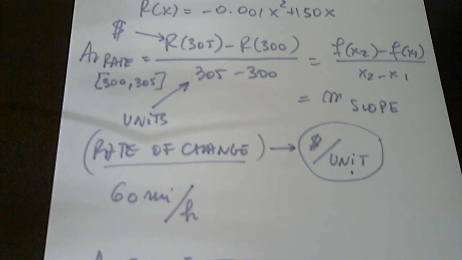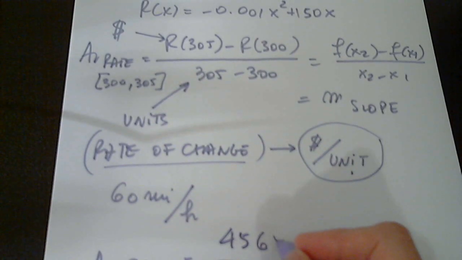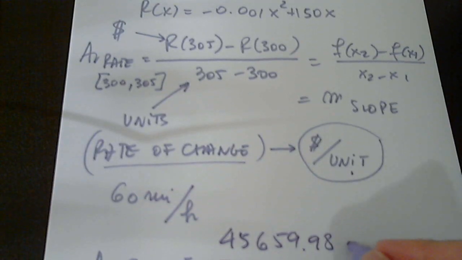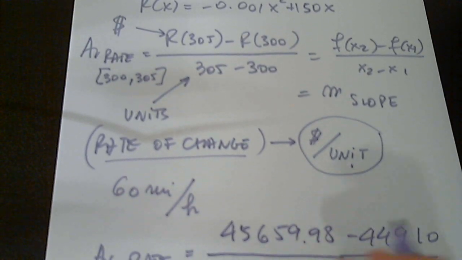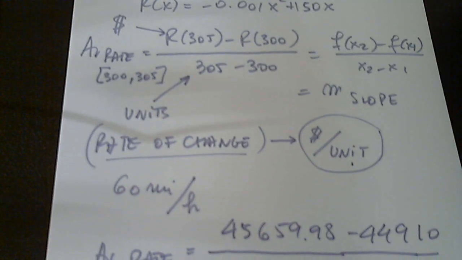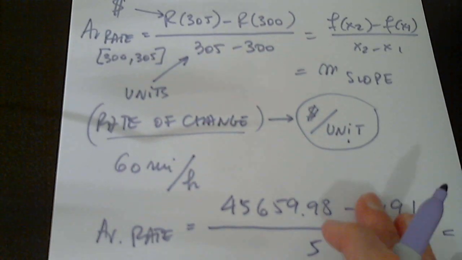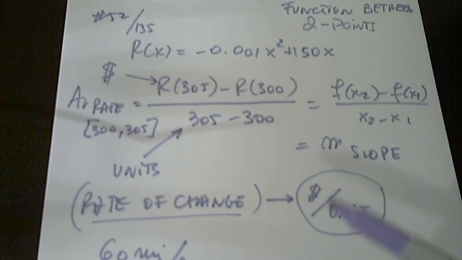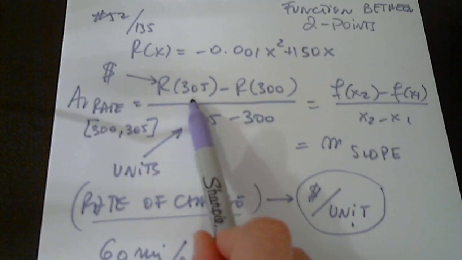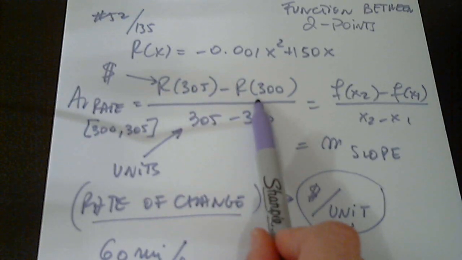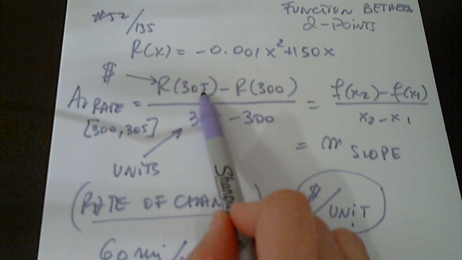So the 305 is 45659.98, and the 300 is 44910, and 305 minus 300 is 5. Again, what will it represent? The numerator is the difference in revenue between producing 300 and 305.